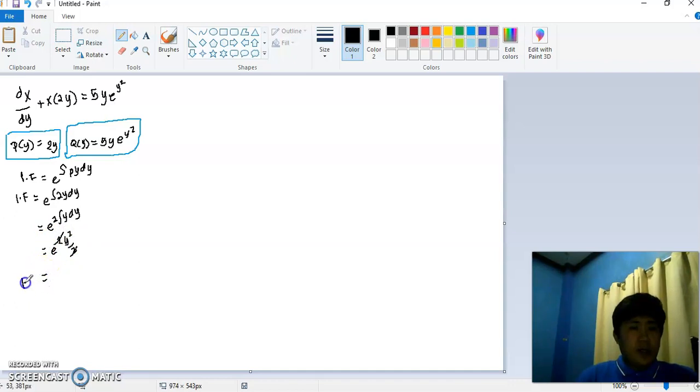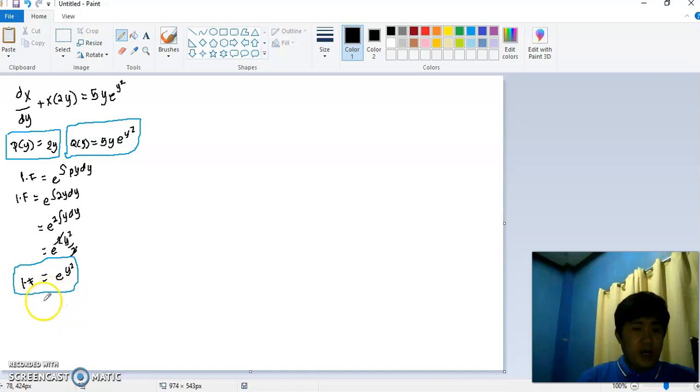So your integrating factor is equal to e raised to the power of y squared. Okay, so that is your integrating factor.